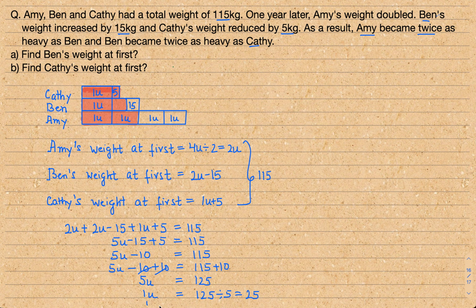So basically, finally we got that 1 unit is actually 25. Now we can read the first part of the question. We have to find what was Ben's weight at first. Ben's weight at first was 2 units minus 15.